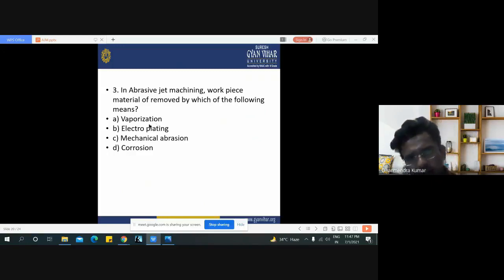Vaporization does not take place because there is no generation of extra heat. Electroplating is not possible because we can't use here dielectric medium or anode or cathode. Corrosion is not possible because we are not using pure oxygen directly. Then we can say that mechanical abrasion is the only force responsible for the removal of extra material from workpiece in abrasive jet machining process.